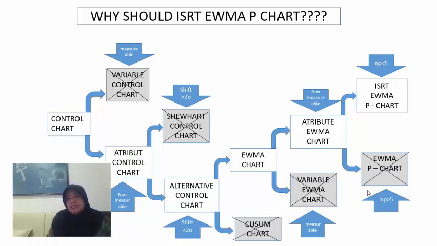That's why the alternative chart is called the improved square root transformation exponentially weighted moving average P chart. For the time being, I will call this chart the proposed chart.